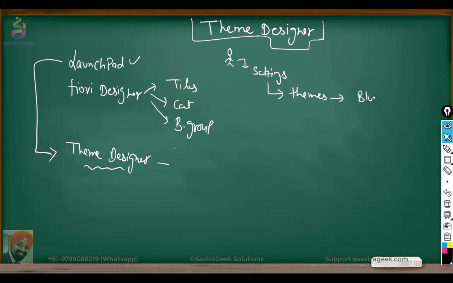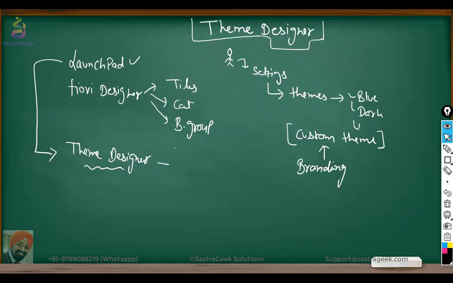The blue theme, the dark black theme, multiple themes are there. Through the theme designer, you can customize and create your own custom theme. Creating this custom theme is also called branding. So you can do the branding of your Fiori as per your business requirement.